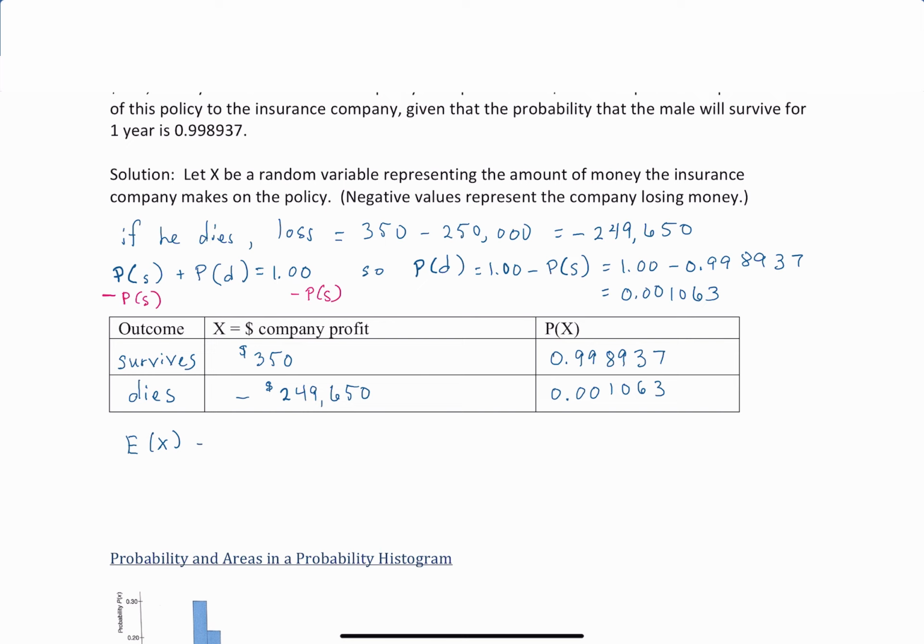And our formula for the mean is take each x value, multiply it by its probability, and then add those up. $350 profit times its probability, 0.998937, plus minus 249,650 times 0.001063.